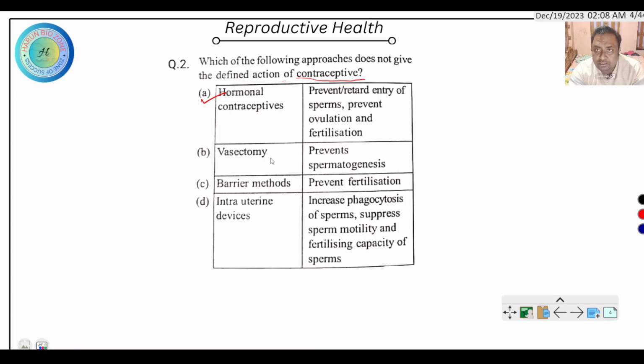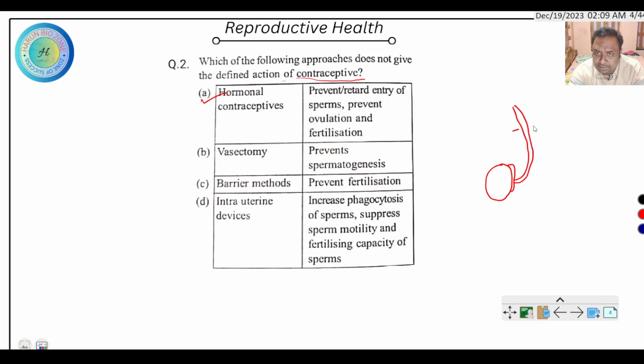Vasectomy is a permanent method of contraception where the vas deferens is cut. Here is the uterus, the testis, and this is the vas deferens.